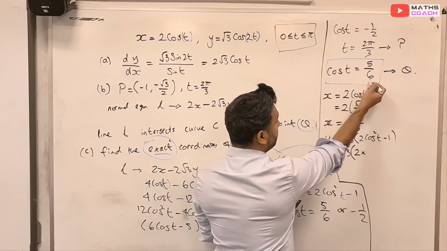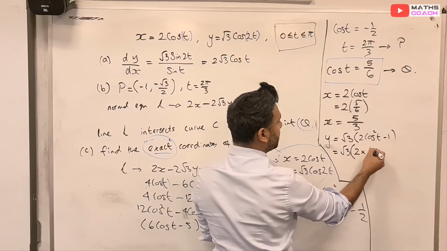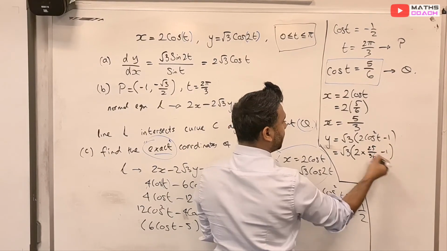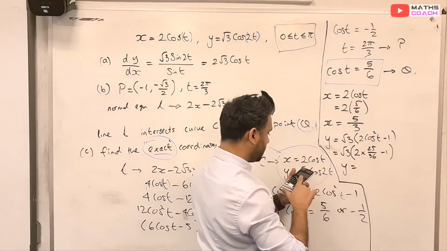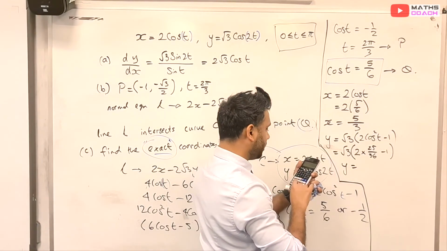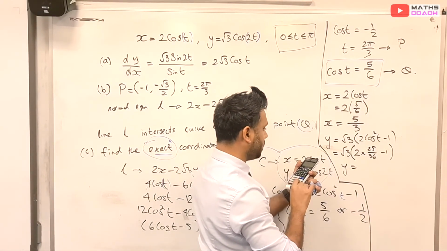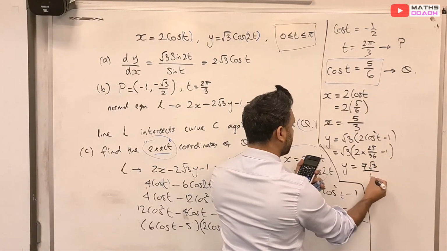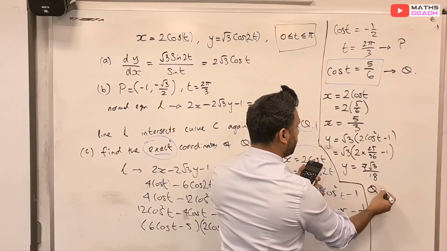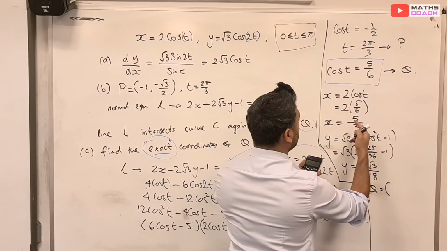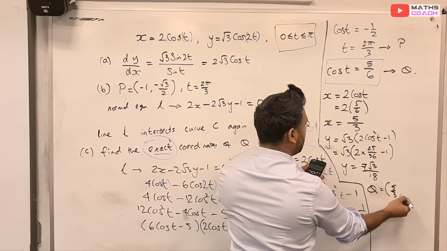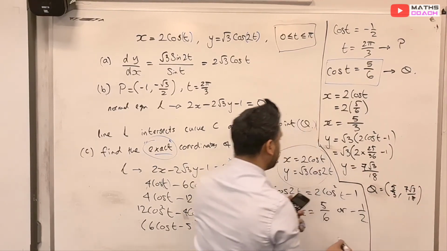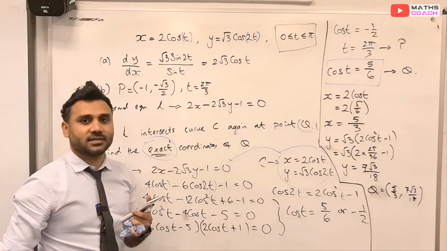But cos t is 5/6, so if we square that, that'll give you 25/36 and then minus 1. So for y, just put this all into your calculator: 25 divided by 36 times 2, and then subtract 1. That gives you 7√3/18. Therefore, the coordinate of Q has an x coordinate of 5/3 and a y coordinate of 7√3/18. And we have them as exact values.